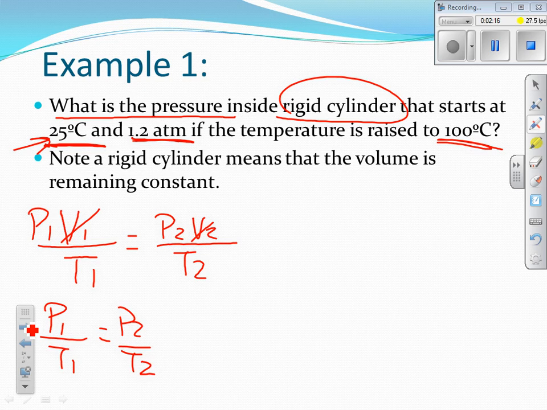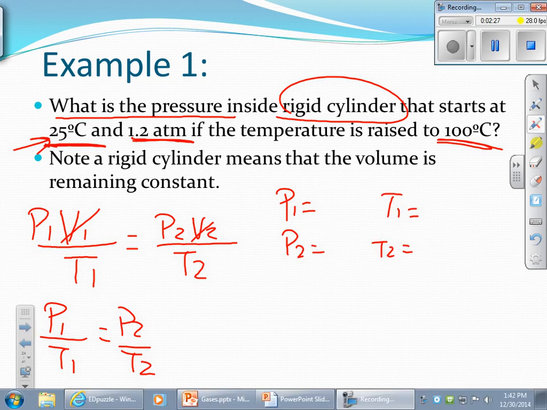So when we set up our variables, our initial temperature is 25 degrees Celsius. Adding 273 to convert it into Kelvin gives me 298 kelvins. And our second temperature is 100 degrees Celsius, which, if you add 273 to it, gives us 373 kelvins.